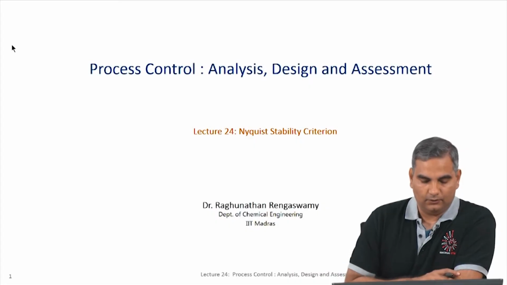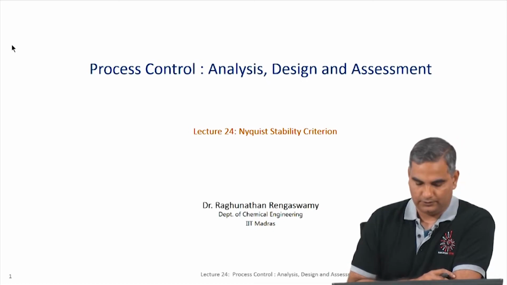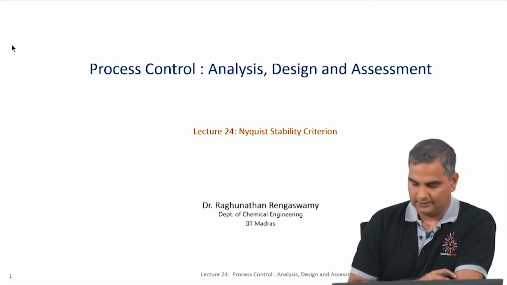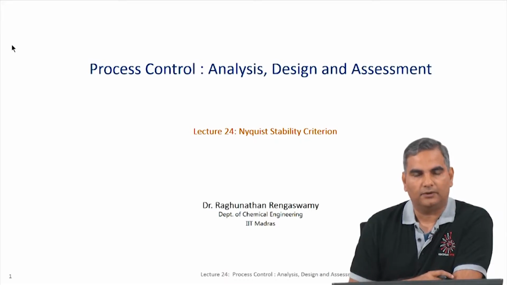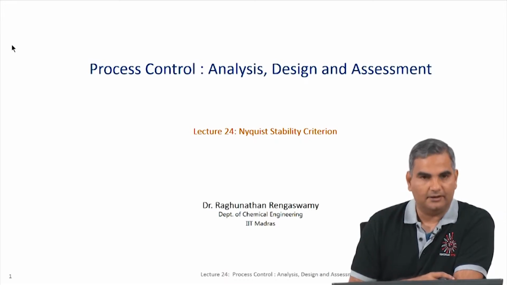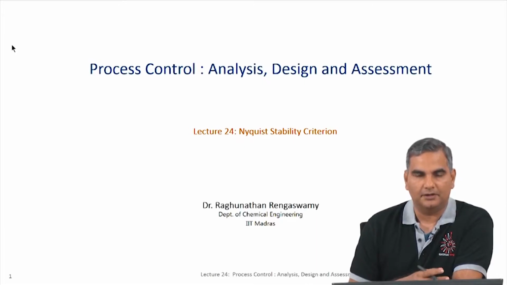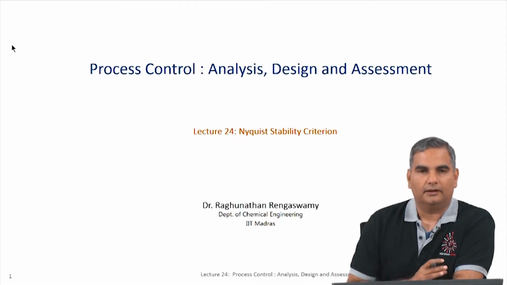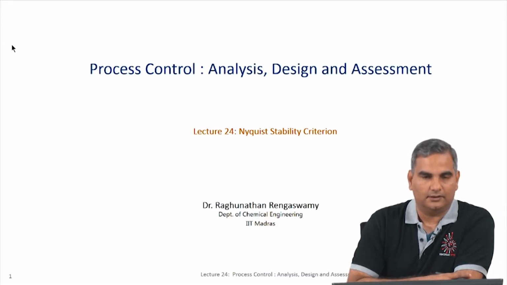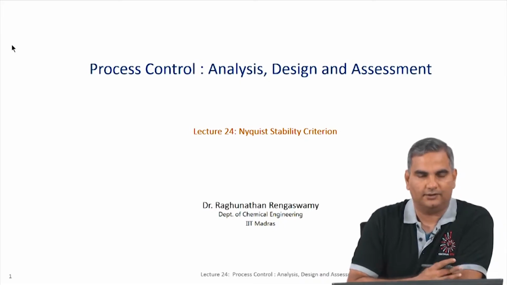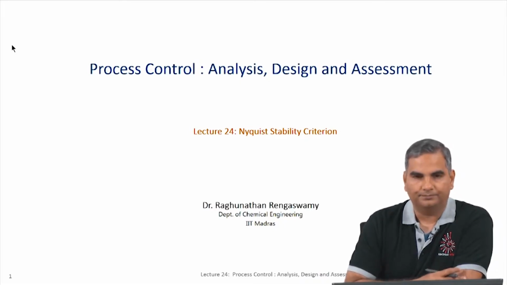We will continue with our 24th lecture in this course on process control, analysis, design and assessment. In the last few lectures we have been talking about control of time delay systems: what time delay means, why it is relevant in practical situations, and the difficulties that come because we have a time delay term in the transfer function, which takes the transfer function away from the ratio of polynomials form.